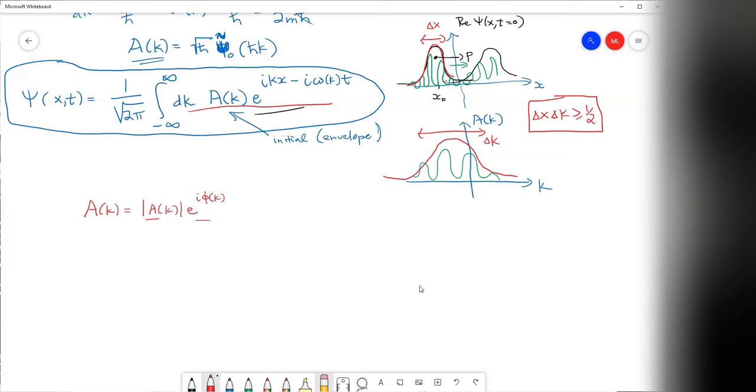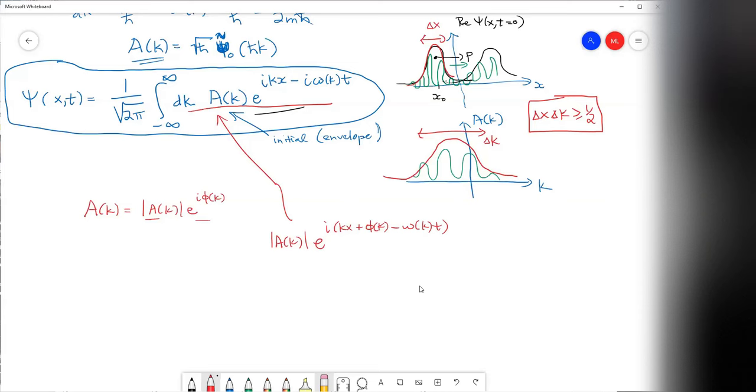So if we think about this integration here, what's the integrand? Well, it's the magnitude of A of k, and I can combine everything else in the exponential. It's e to the i (kx plus phi of k minus omega k t).